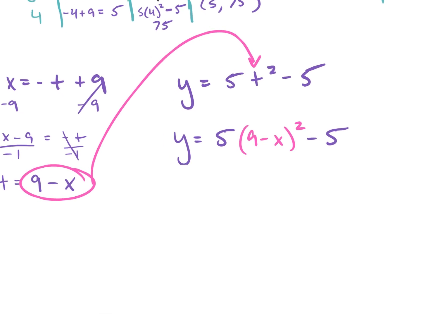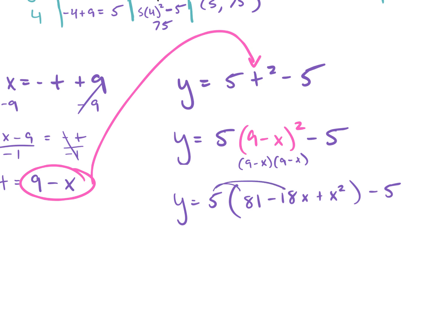We can simplify this. 9 minus x squared would be 9 minus x times 9 minus x. So we would have to FOIL. So we get 5 times 81 minus 18x plus x squared.